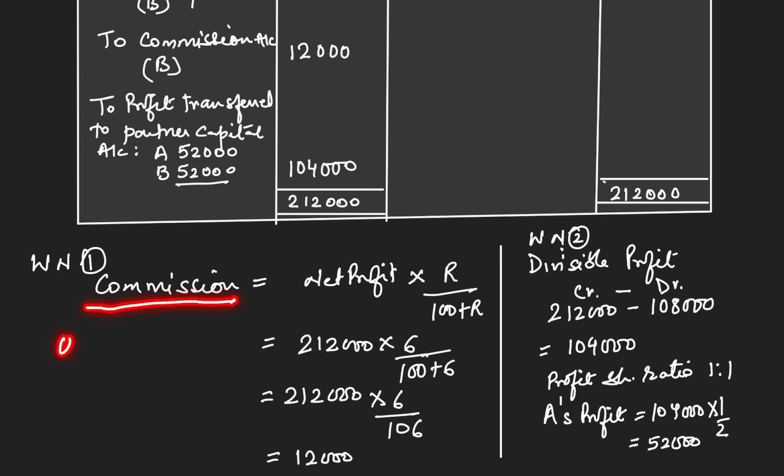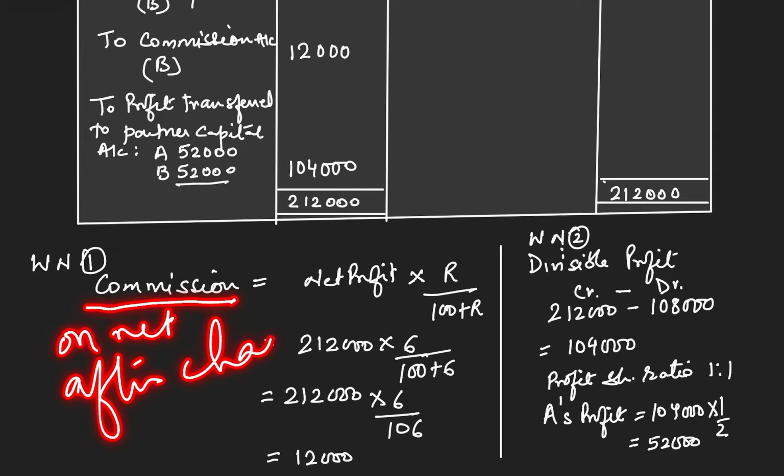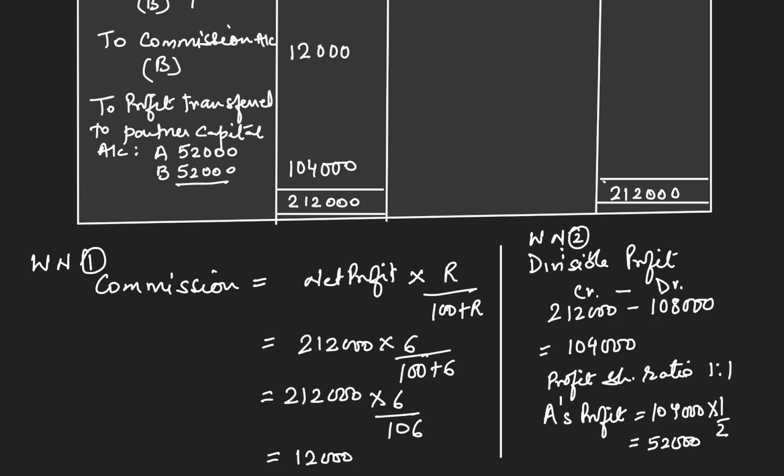Here it is being informed in the question that commission should be calculated on net profit after charging his commission. So after charging his commission, this formula is to be utilized, where commission is calculated by net profit multiplied by rate upon 100 plus rate.